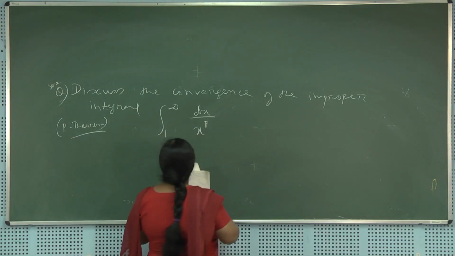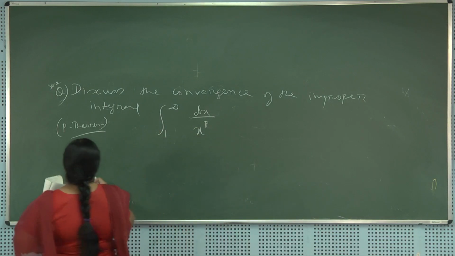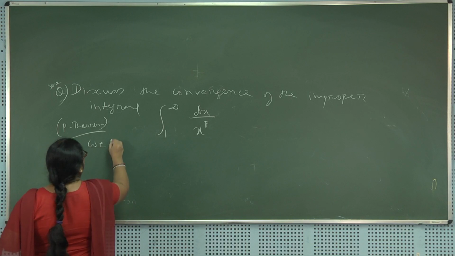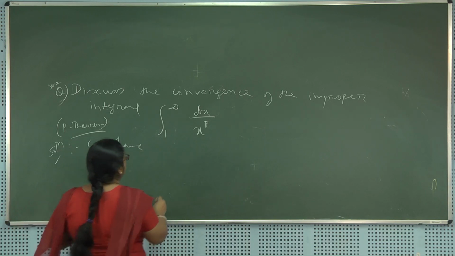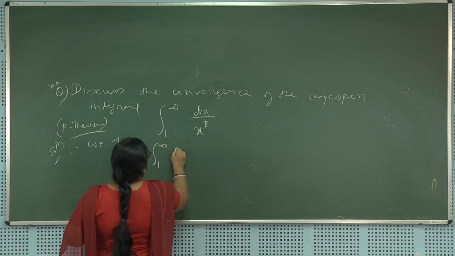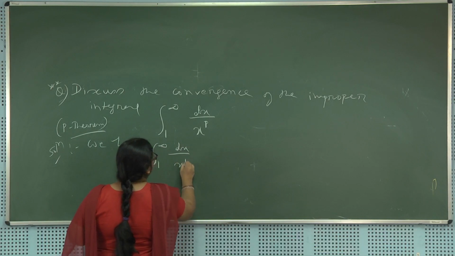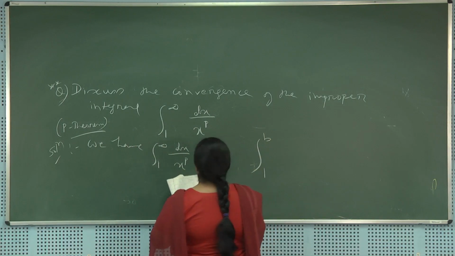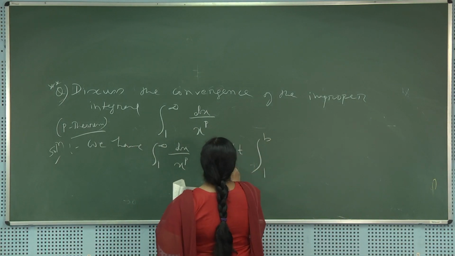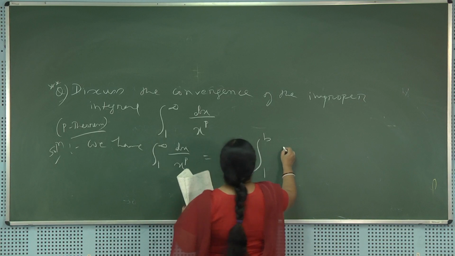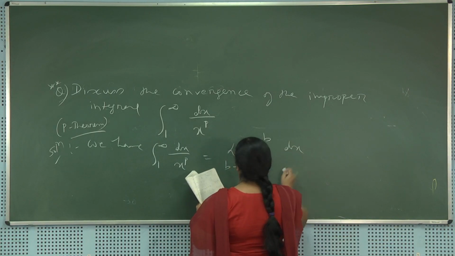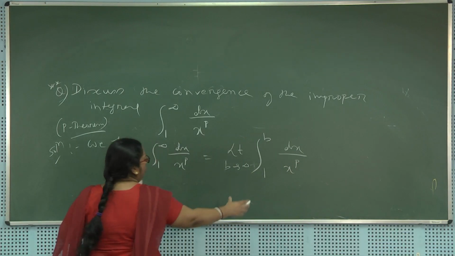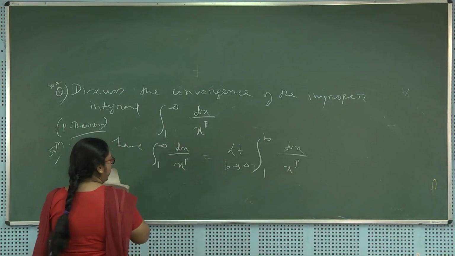First of all, again, you will try to make it a proper integral. So, how will you make it? This integral from 1 to infinity of dx upon x to the power p, we will make it a proper integral from 1 to b, then limit b tends to infinity of dx upon x to the power p. This part we can calculate separately because we have to investigate on p.